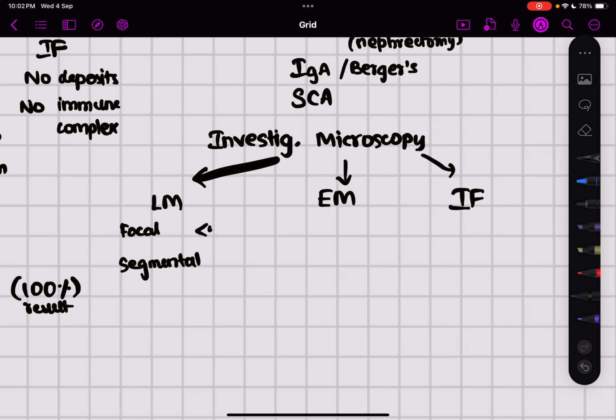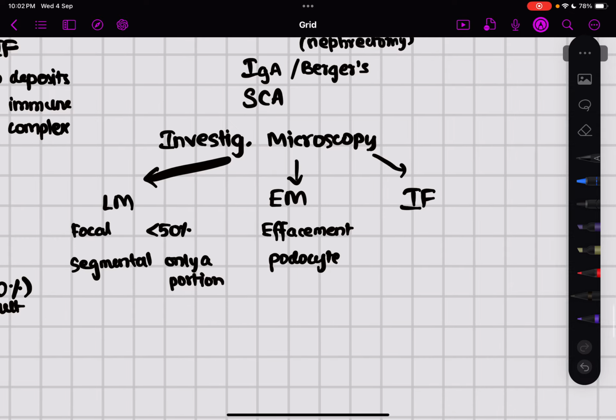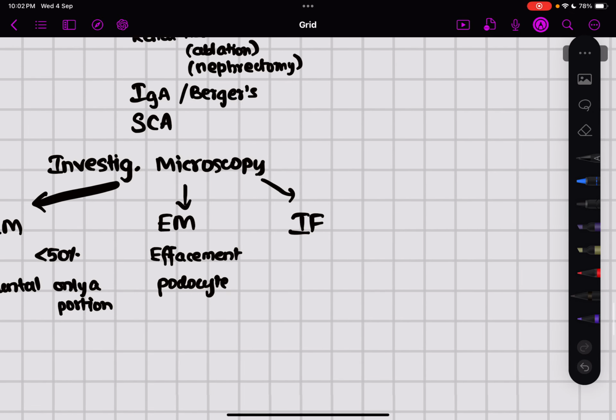Focal means less than 50% involved. Segmental means only a portion of the glomerulus is involved. Under electron microscopy, there is effacement of podocyte foot process. And in immunofluorescence, there is complement deposition.